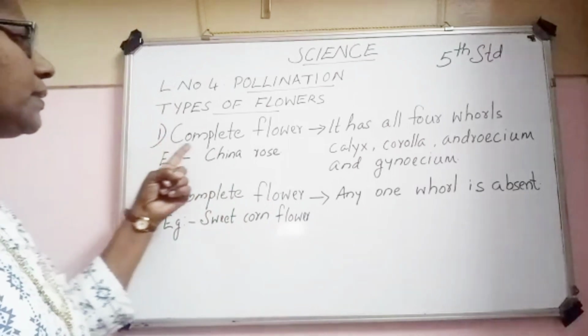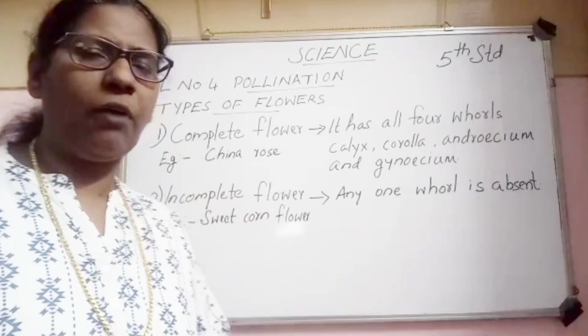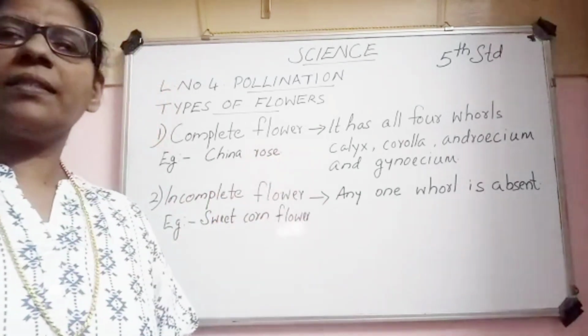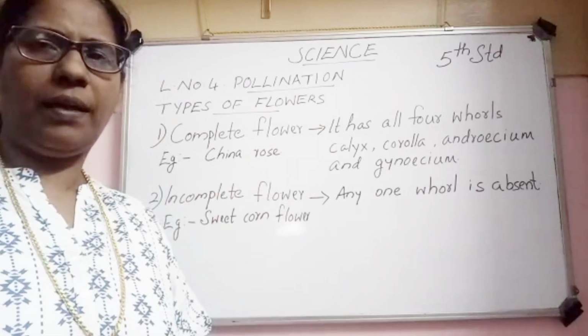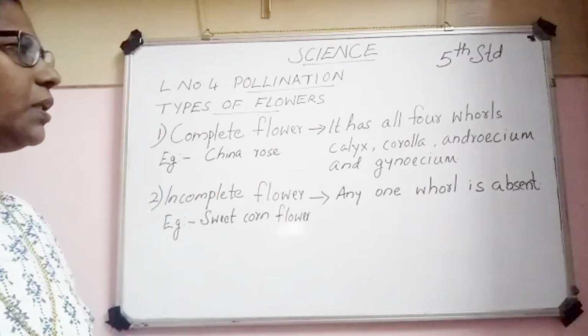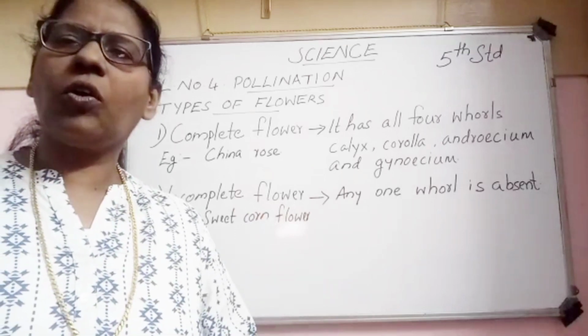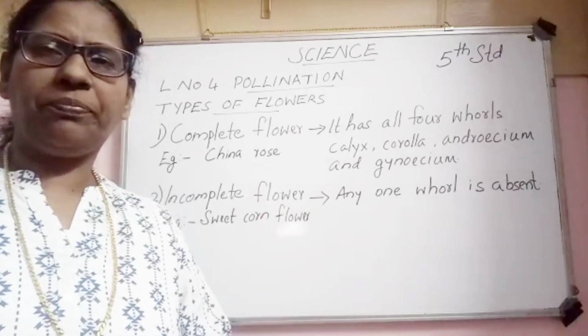Number 1 is a complete flower. A complete flower has all 4 whorls present in it. The 4 whorls are calyx, corolla, androecium and gynoecium.